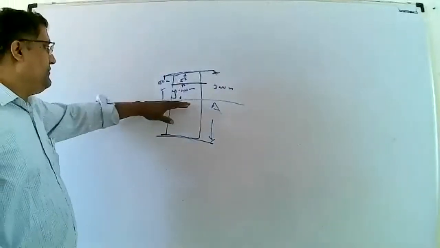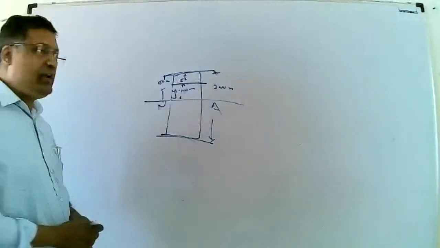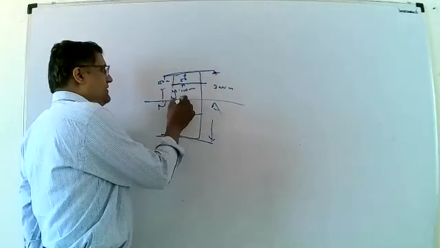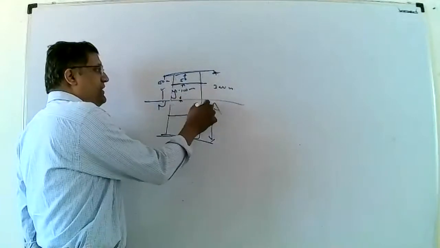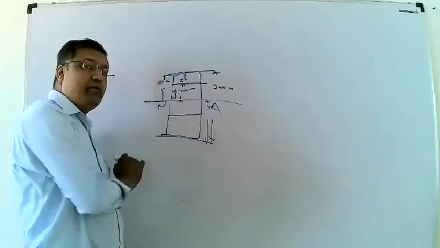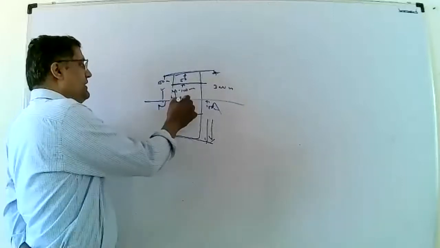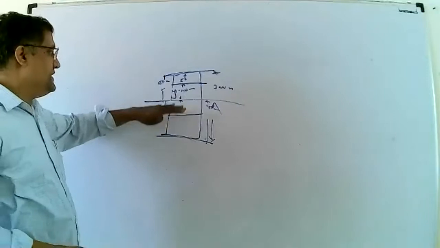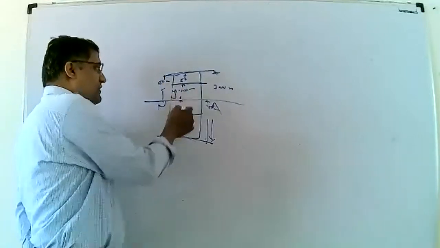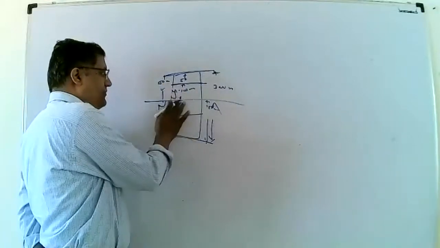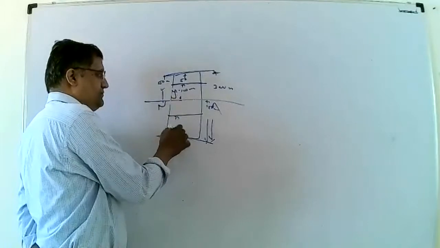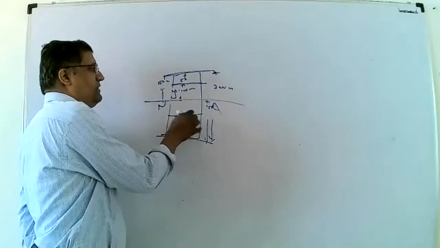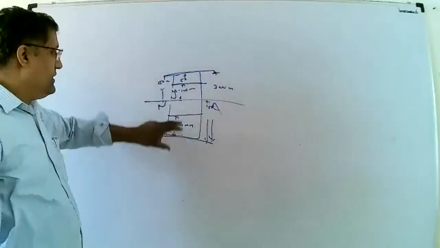In the same manner, if some distance is provided below the neutral axis, suppose this is 150, which is half of the depth, and some distance is provided from the bottom layer, 100 mm, then how to measure distance y?